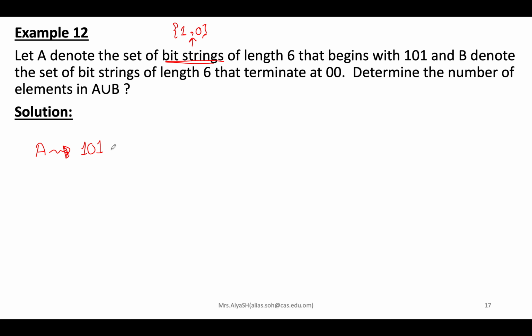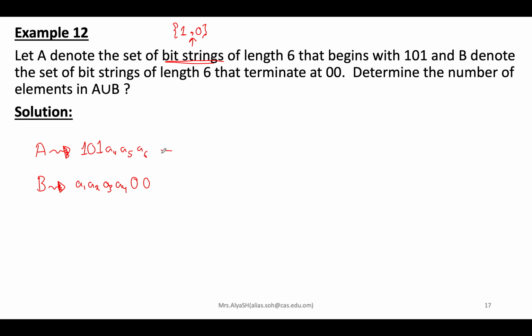Then we have A4, A5, A6 as the following bit string. B is A1, A2, A3, A4, and then it should terminate with 0 and 0.